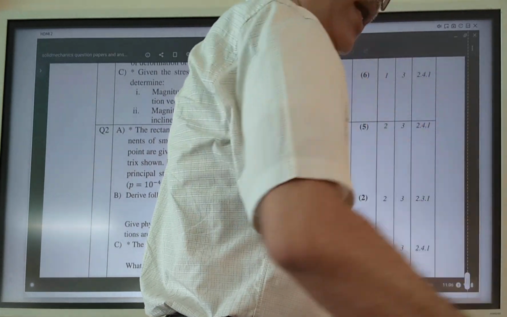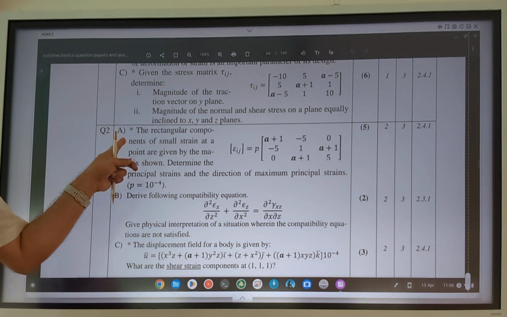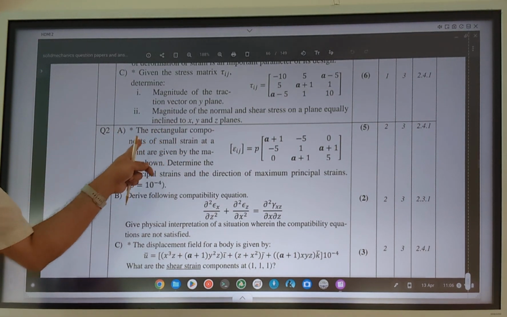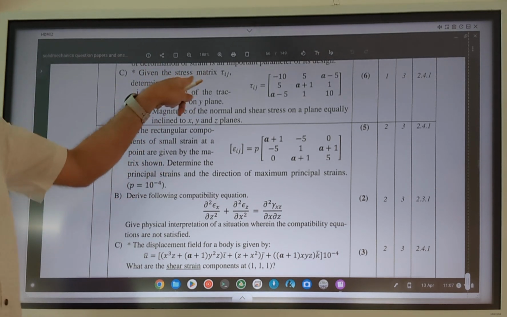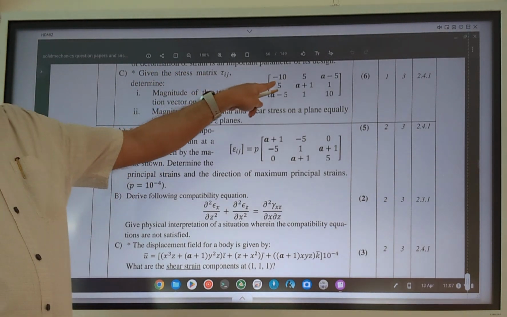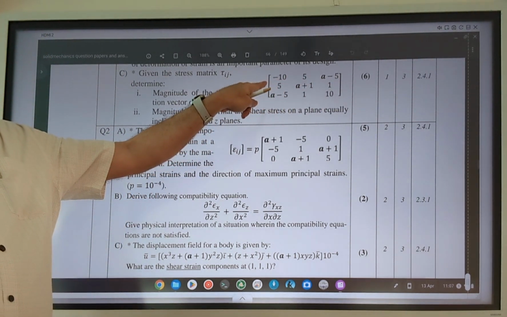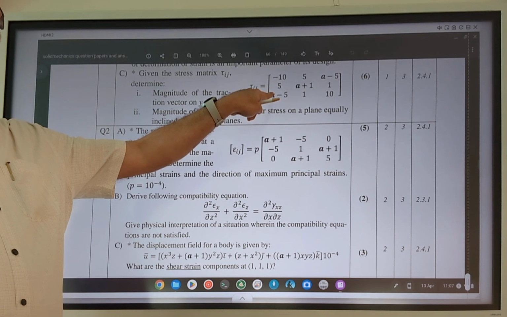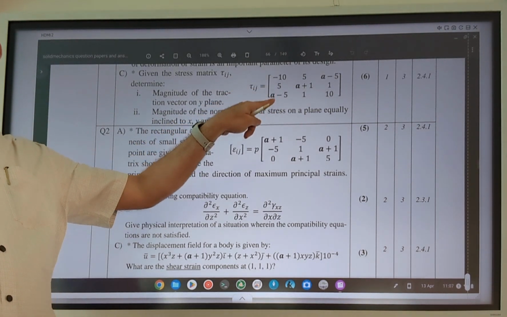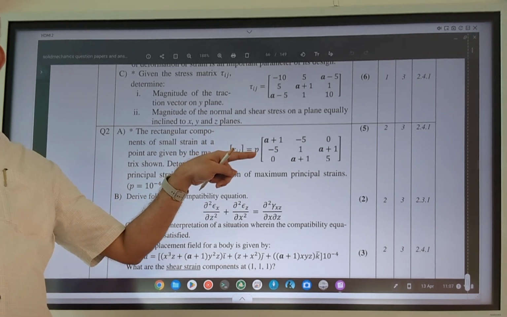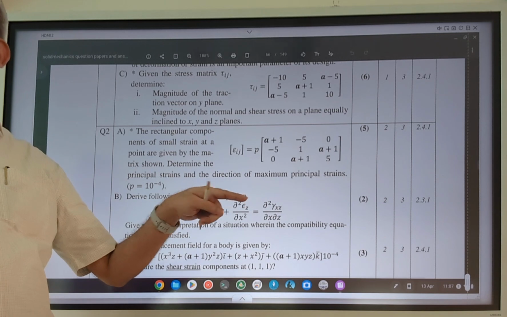If you look at question number 1C, you have been given the stress matrix, which is as defined here. In this question paper, this capital A, or in your question paper also, every person will get different numbers in the exam depending on the last digit of your registration number.